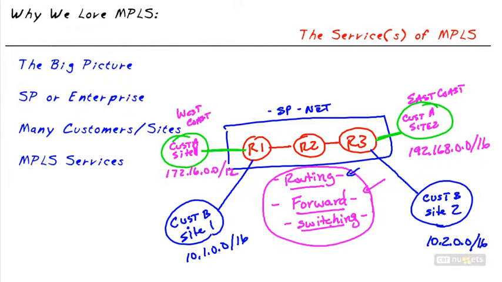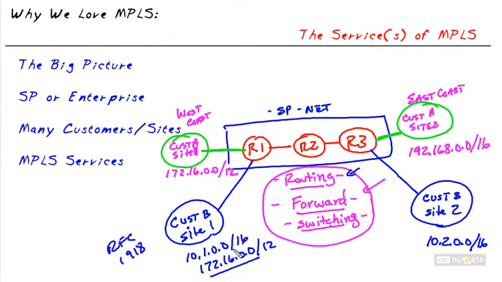The other thing that we need to address is what if customer B wants to start using 172.16.0.0/12? Well, the challenge is that address space right there is already in use by customer A, but it is an RFC 1918 address.